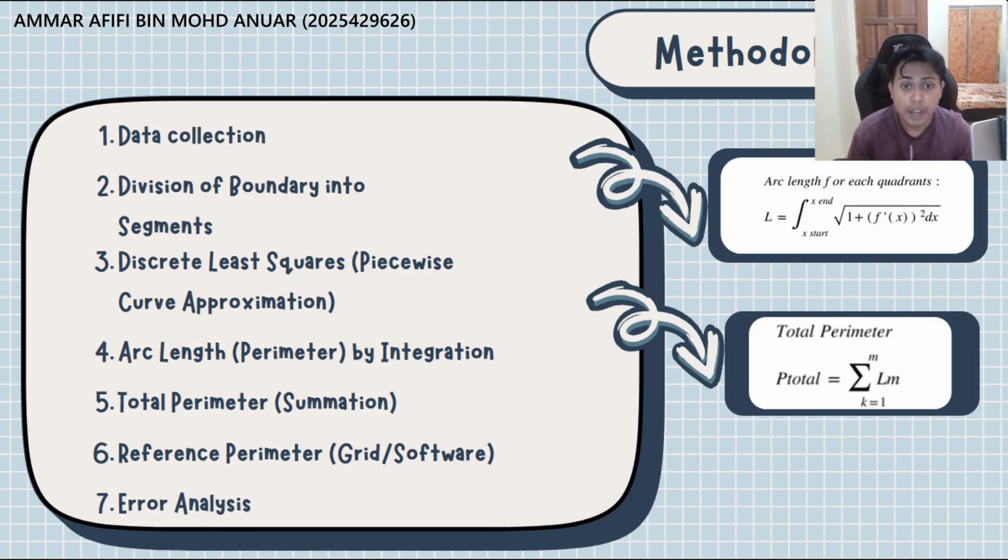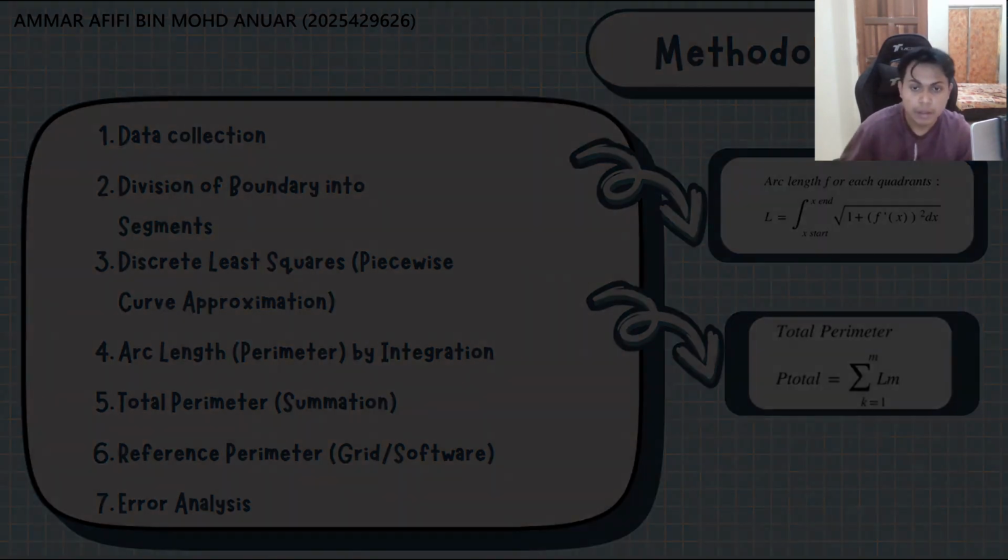Then we integrate the arc length of the perimeter, and sum the total perimeter. Next we need a reference perimeter, which is from grid or software, and our team used Excel for the software. And last but not least is error analysis.